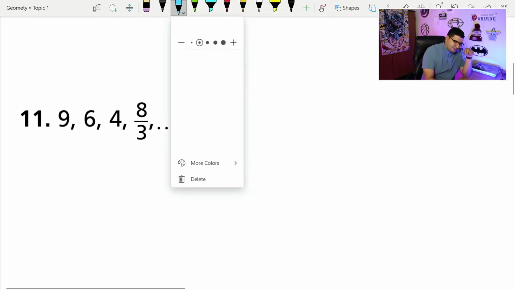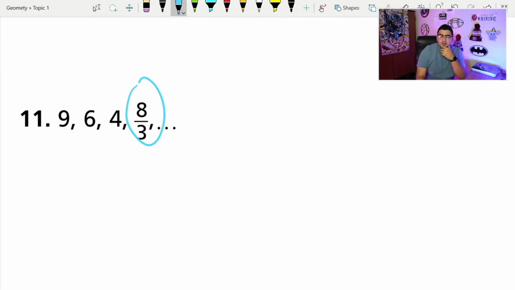Then I can't help but notice the 8/3. When I see a fraction, and knowing that the number before it was a whole number, that usually tends to lead me to believe that now I'm either dealing with division or multiplying by a fraction. Now for this one, in this specific example, I can tell that it's probably going to be multiplying by some fraction.